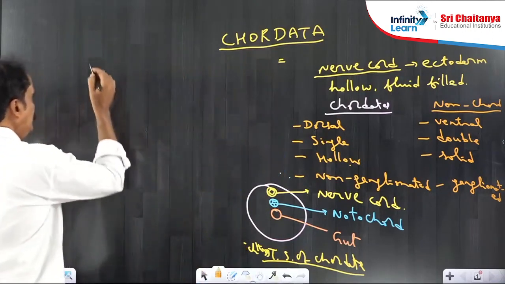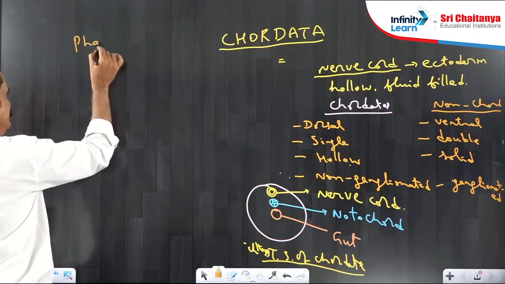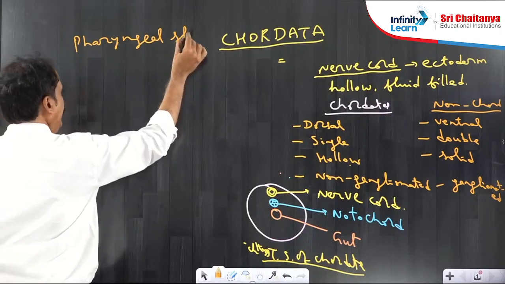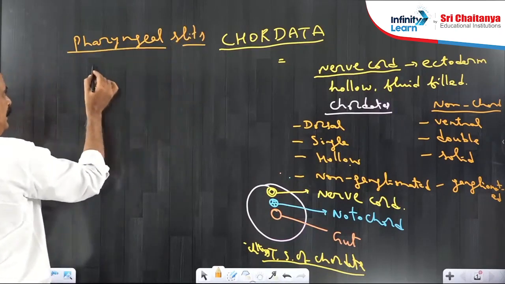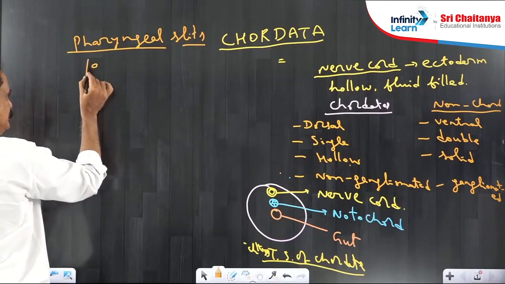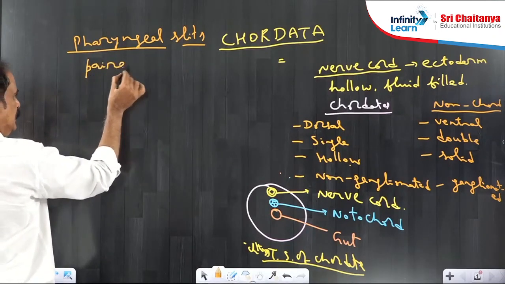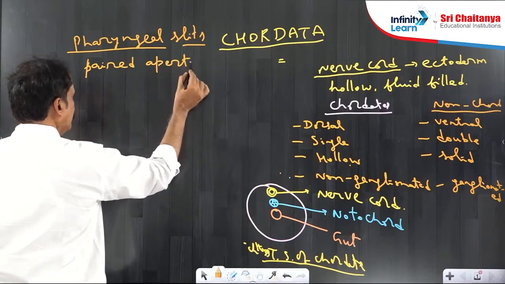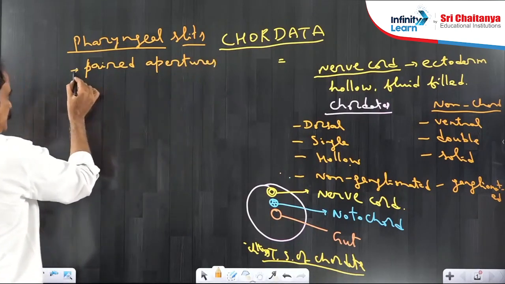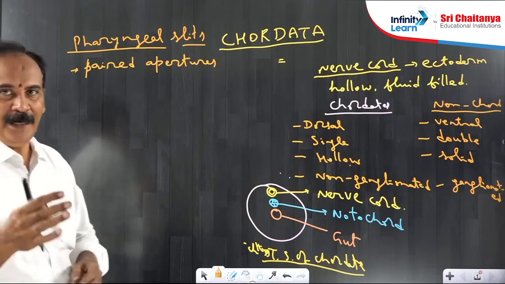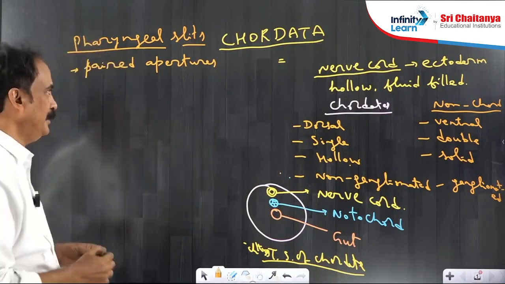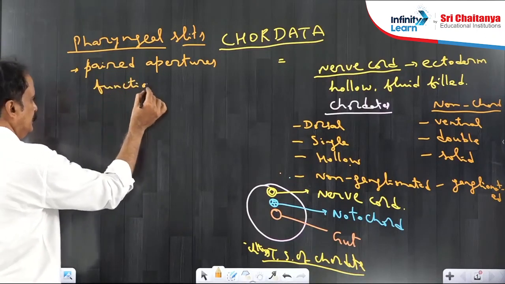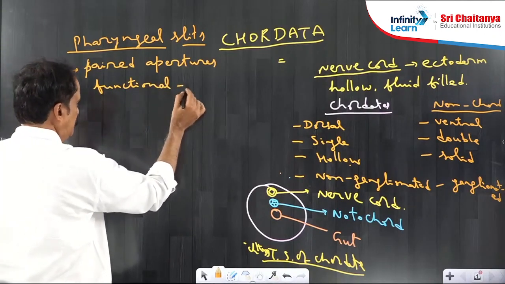The pharynx should be opening outside through paired apertures called pharyngeal slits. These are paired apertures or paired slits. Through these slits you will find the pharynx opening outside, and they are functional as gills up to fishes.